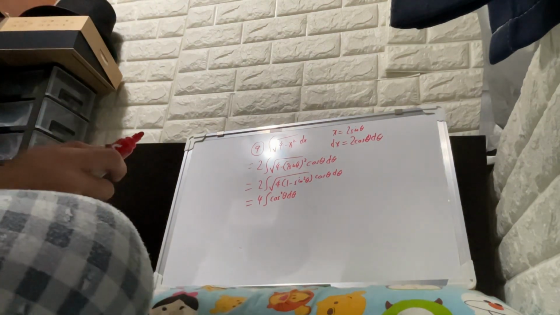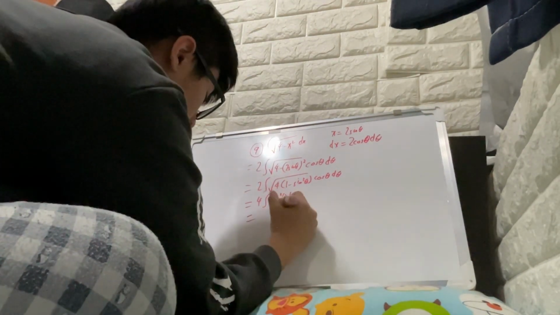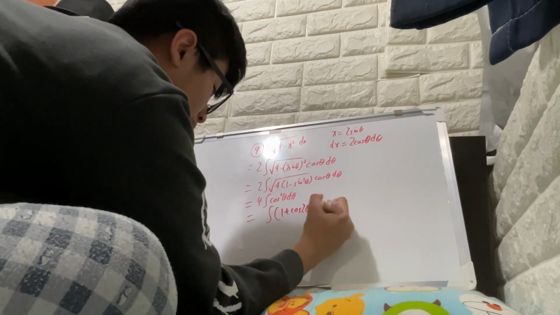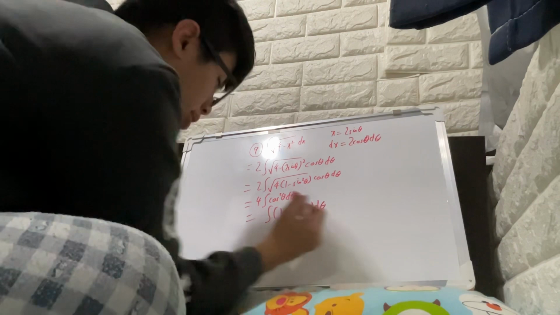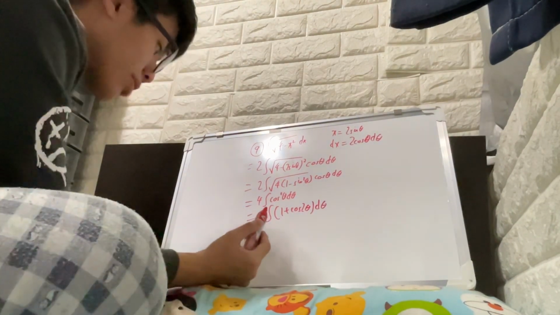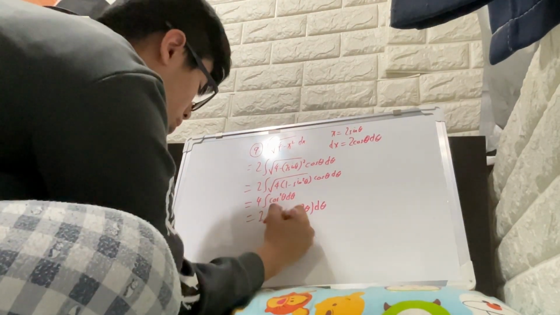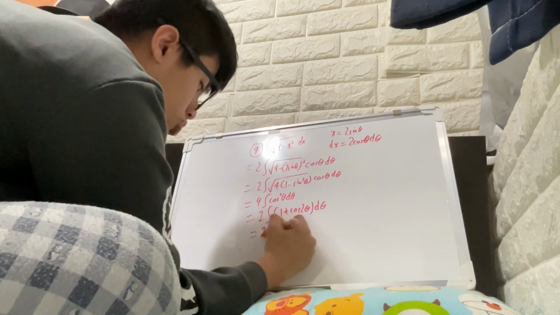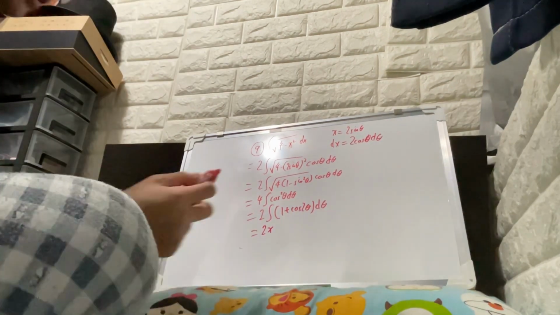So we're going to change this to 1 plus cosine 2 theta d theta, but don't forget to multiply by 1/2 in front of the integral, so it becomes 2.